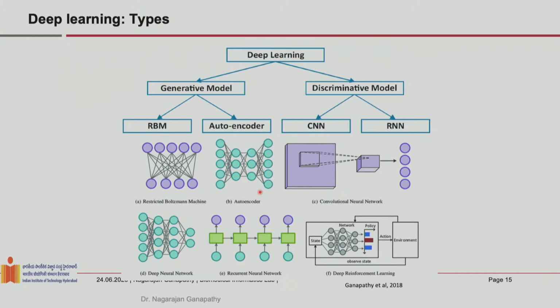Now we are in the era where generative models are getting popular. That means you give the information, and the machine does a lot of computation to generate similar data. That's a generative model, like ChatGPT or DALL-E.